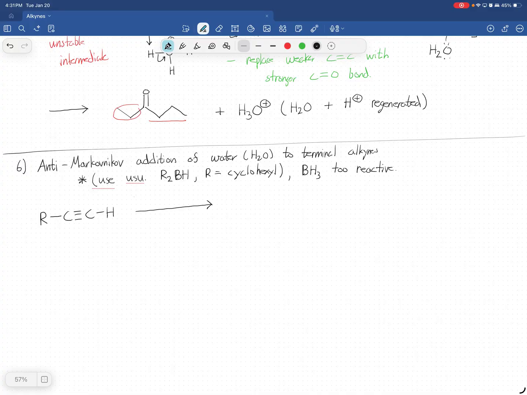So usually here, we're going to use something like this. Let's use R2BH.